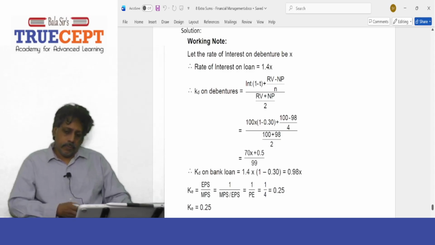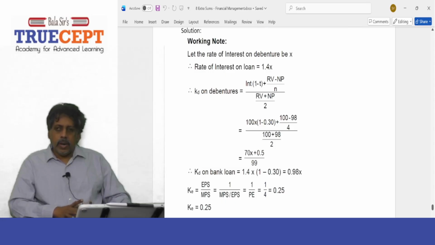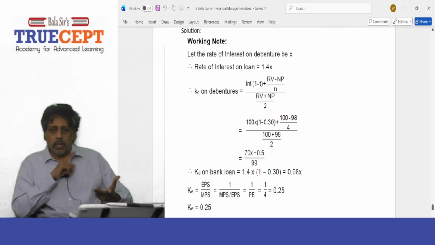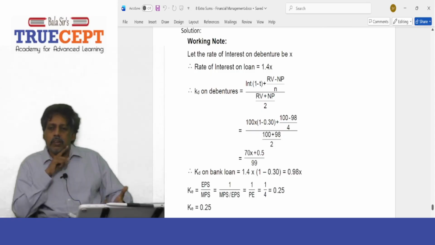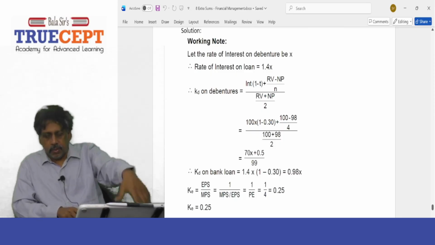Yes, ma. KD on debenture is equal to the formula they have written: I into (1 minus T) plus (RV minus NP) by N, the whole thing divided by (RV plus NP) by 2. Now check this. What is the rate of interest X% on rupees 100 face value? It will be 100x, the amount of interest, right?